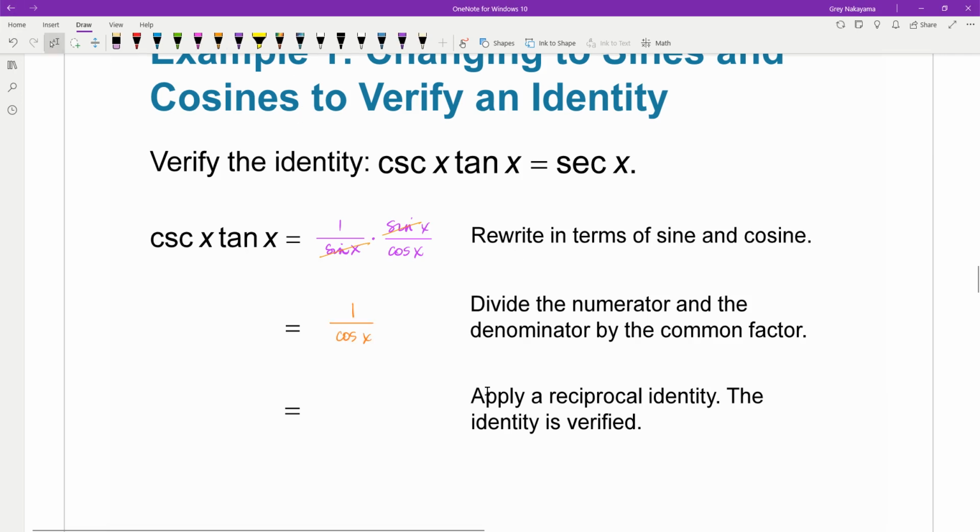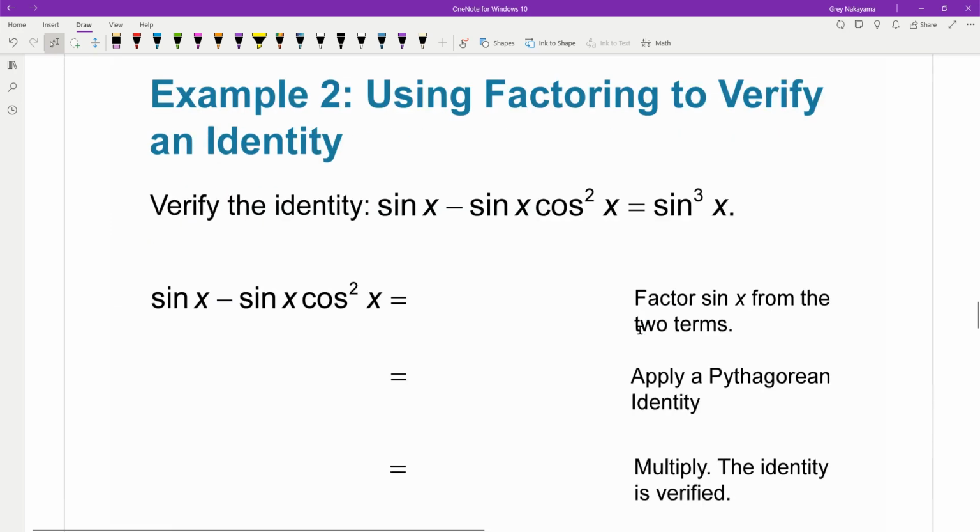And then it says apply a reciprocal identity. Then the identity is verified. More importantly, the last step here is always whatever the other side is, and you have to make it look like that. So it's the secant of x, because we know that the reciprocal of the cosine is the secant. If I see cosine on the bottom, I can write it as secant on the top. That was a simple one.